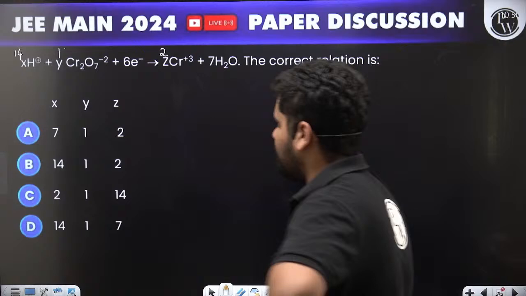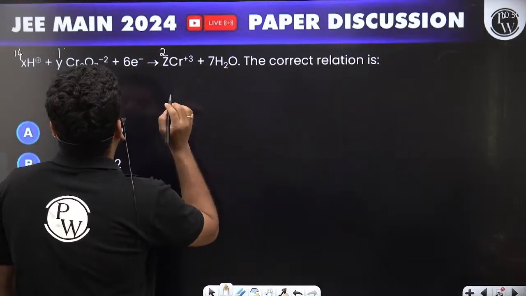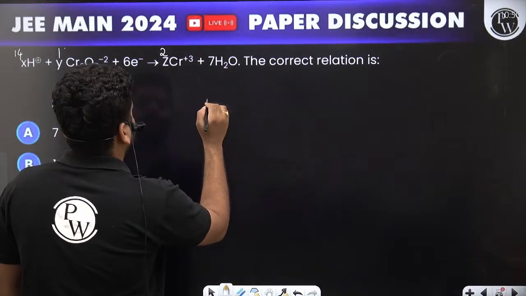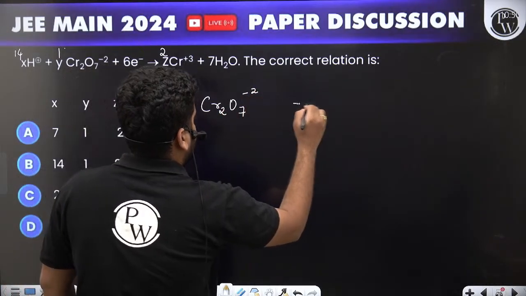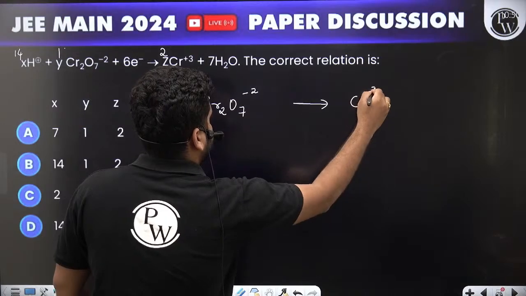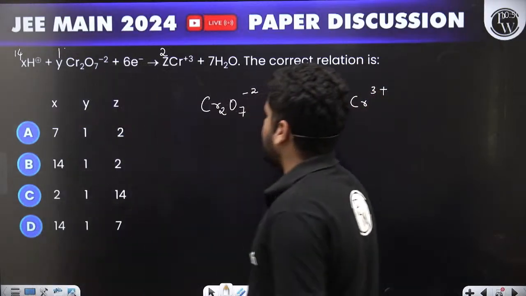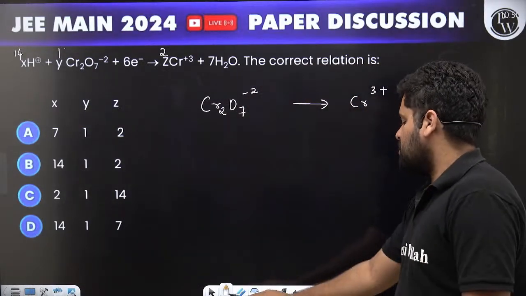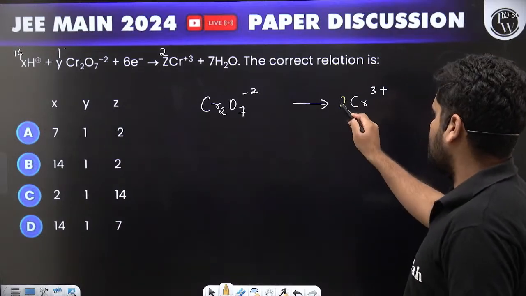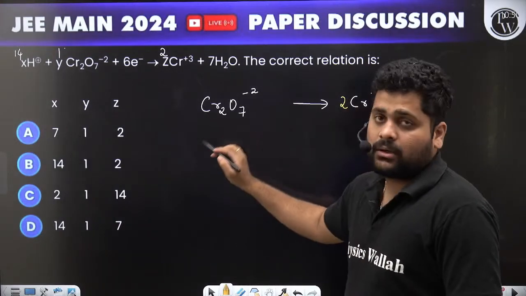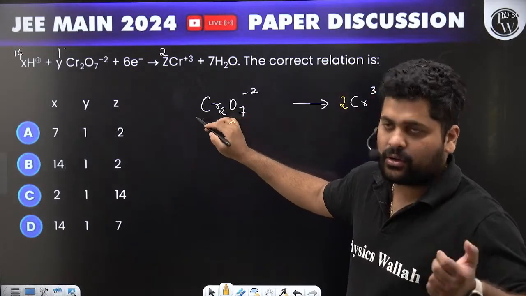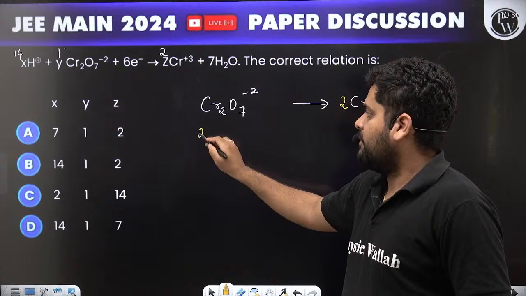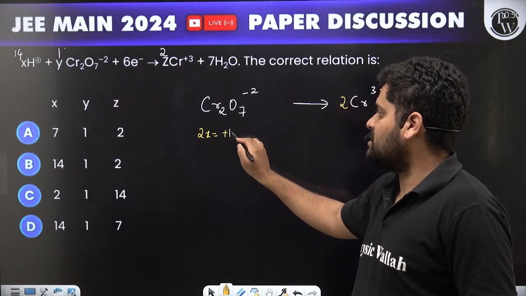Anyways, we shall solve this question. Suppose you have this Cr2O7 2 minus getting converted into Cr3 plus. All that you need to check is the chromium ions, whether they are balanced or not. So you'll put 2 Cr3 plus over here. In Cr2O7, one chromium is plus 6, but we need to look for 2x, so the value is plus 12.